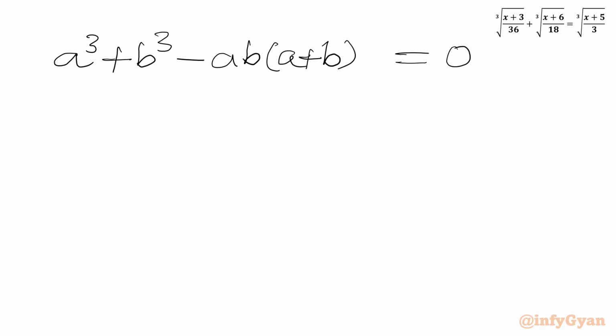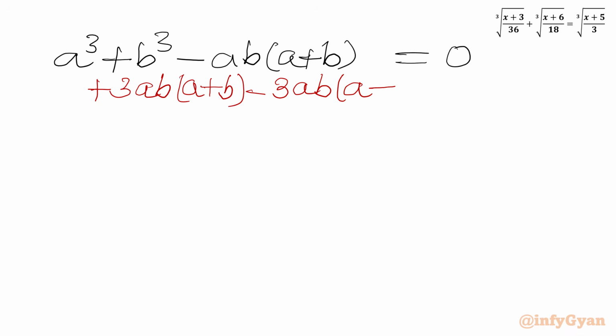Now I will add and subtract 3ab, a plus b. So I will write here plus 3ab times a plus b, and I will subtract the same, minus 3ab, a plus b in LHS. Now I will consider these 3 terms all together and the remaining 2 terms in another bracket.